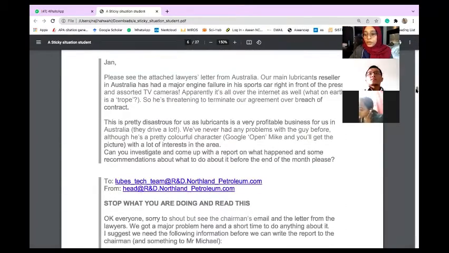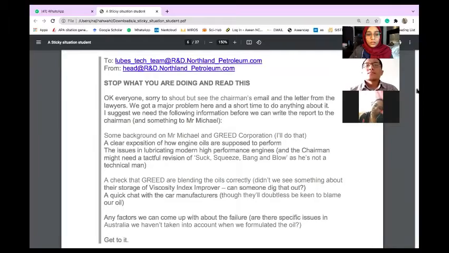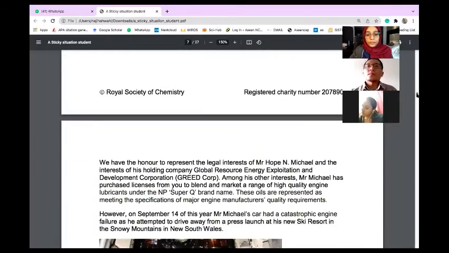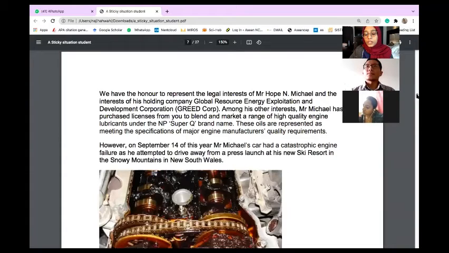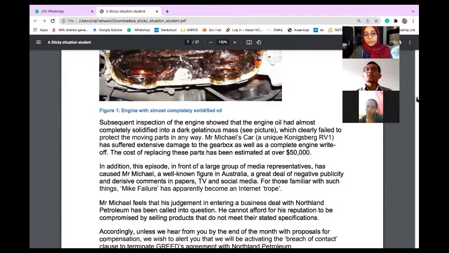That's the main problem, right? That's the main issue. From my reading, there's a lot about viscosity. And then we have to know the weather in the area where the car was parked in September, in Australia.